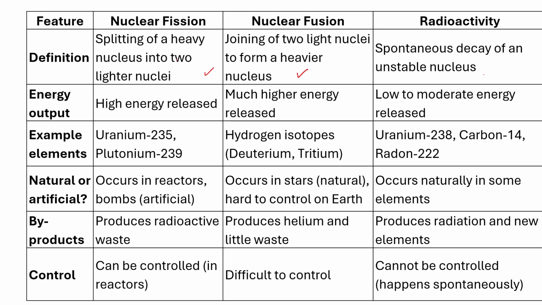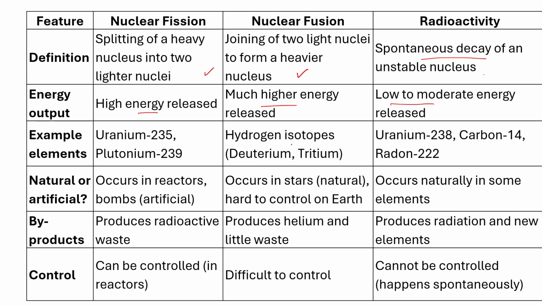So, the first difference is fission is splitting down, whereas fusion is actually joining, then radioactivity is decay. Then in terms of amount of energy, highest amount of energy, much higher than the lowest amount of energy.